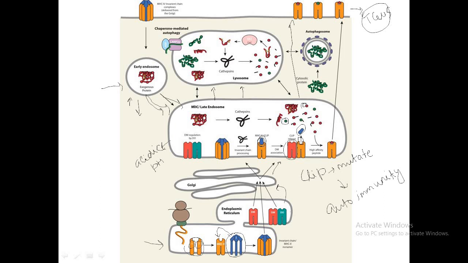MHC2 molecule has a very high binding affinity for proteins, so it is very important that after its synthesis and assembly, its binding site gets bound by this invariant chain.